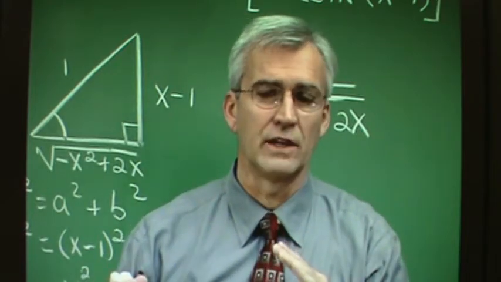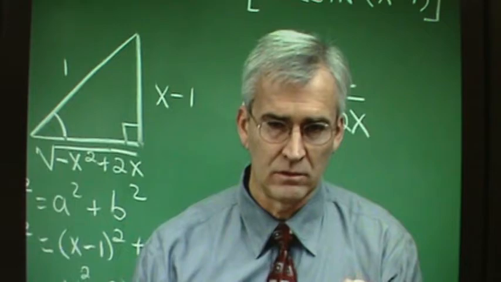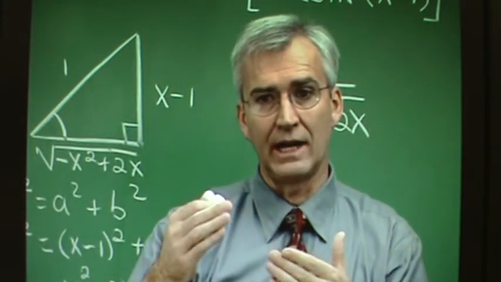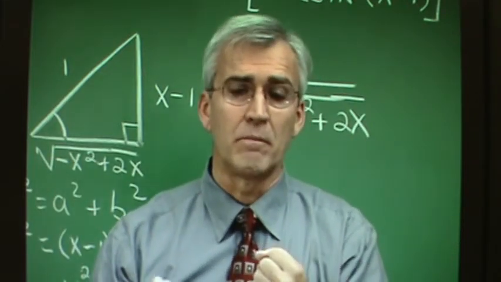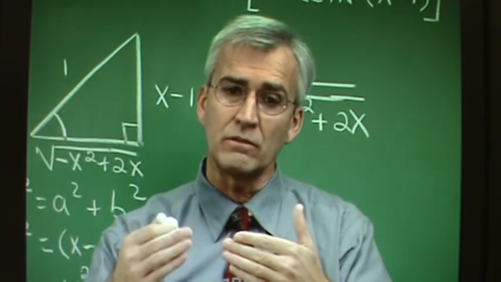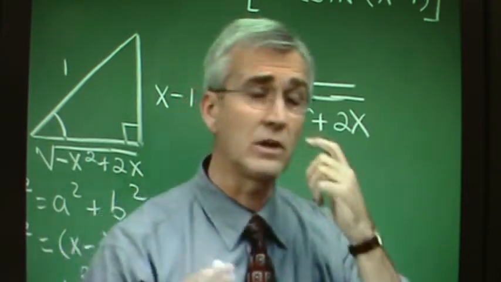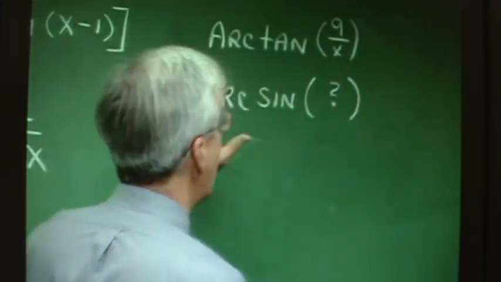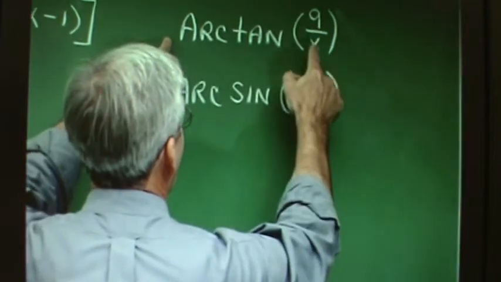Does it make some sense that if we are requesting an angle by giving information about 2 of the sides, then we could request the same angle by requesting information from a different pair of 2 sides? Here's what I'm talking about. Arctangent 9 over x is a request for the angle whose tangent is 9 over x.